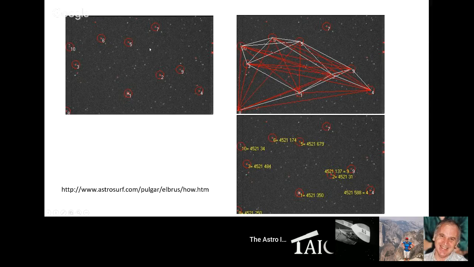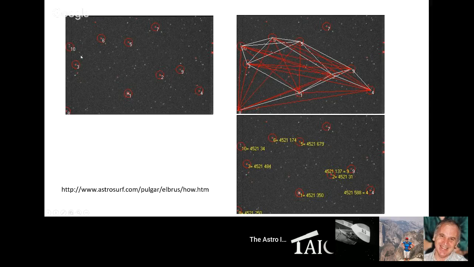So what you do is you find all the relationships between this, and in Elbrus's case, it guesses what this one should be by checking its database, and then it starts making all of the other triangles. And there is only one triangle, or only one polygon, they call them, in all the heavens that can match this set of angles and these distances.